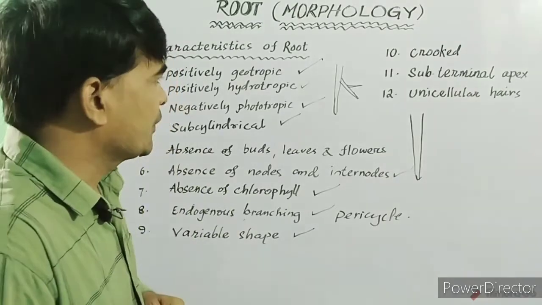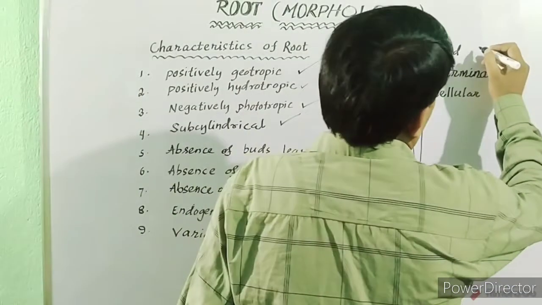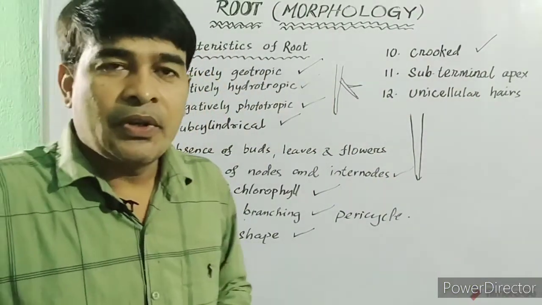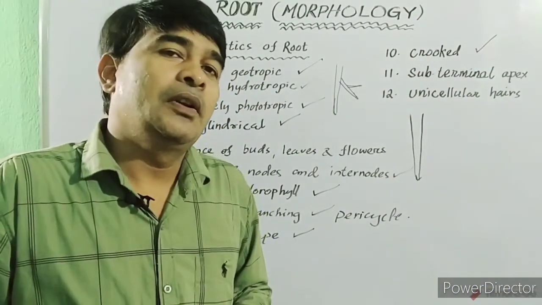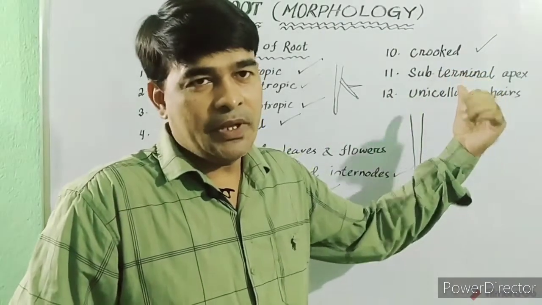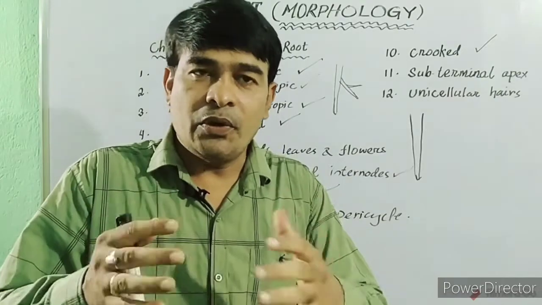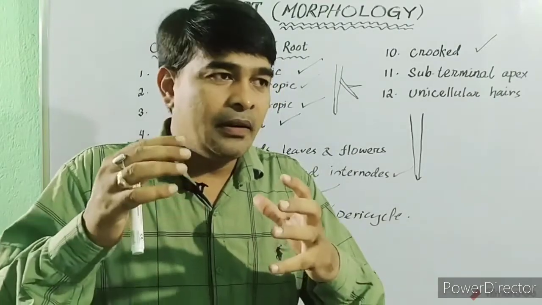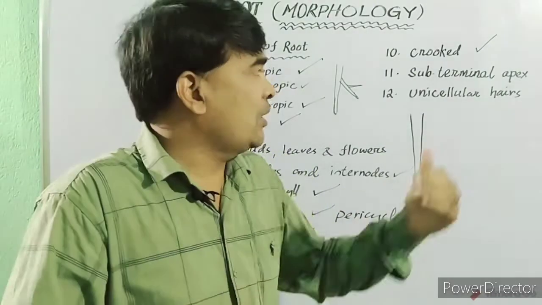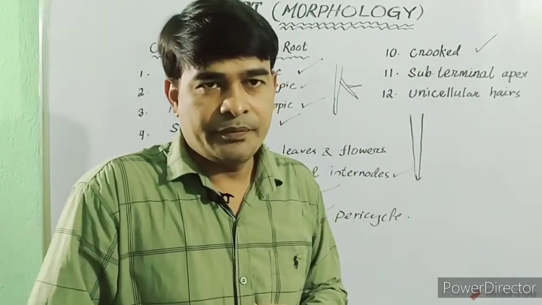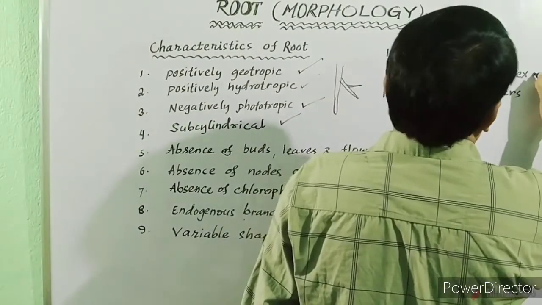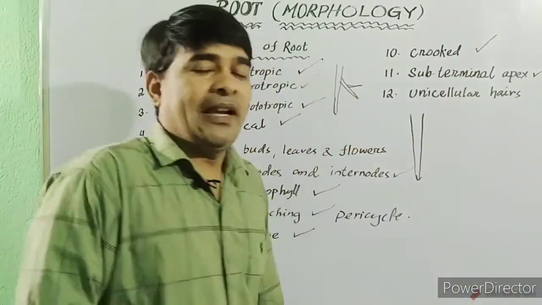Then next character is that roots are much more crooked compared to the stems. Crooked means bent. As the roots grow through the soil and are affected by different obstructions, they become crooked. Then next character is presence of short terminal apex.